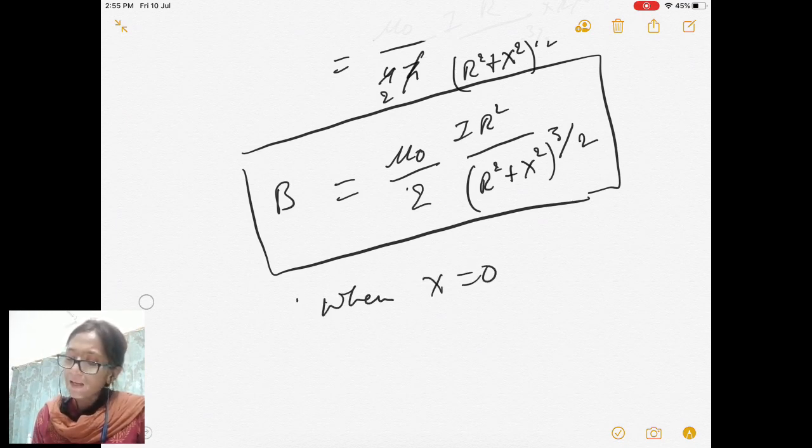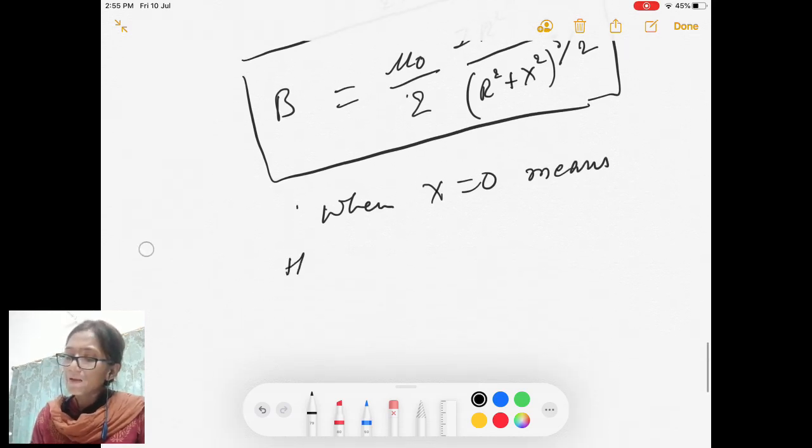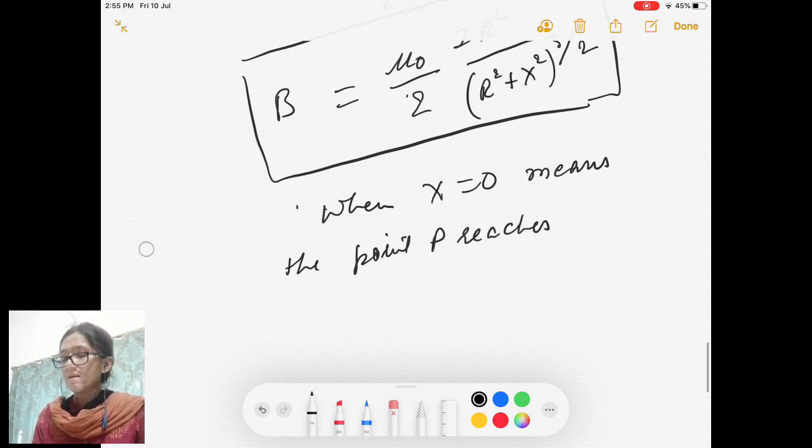When x is equal to 0, the point P reaches the center.